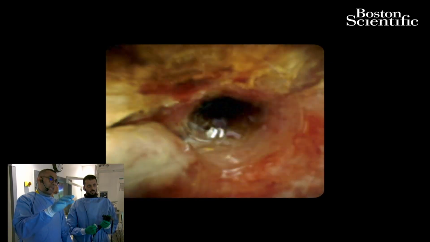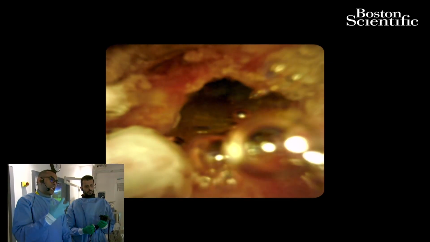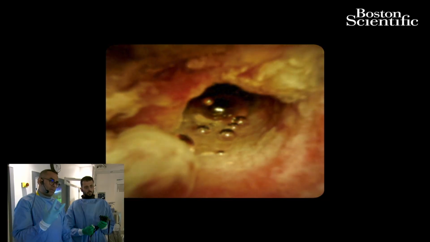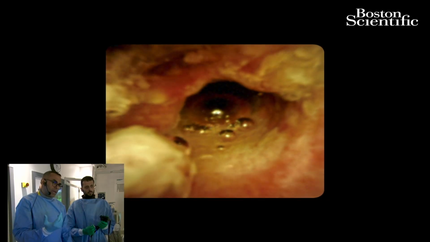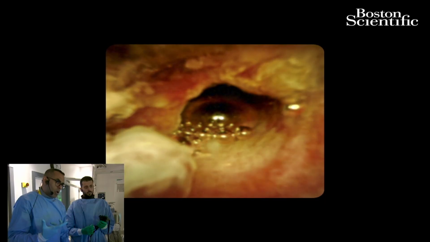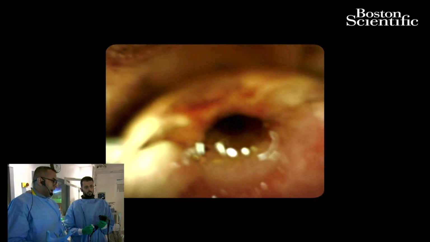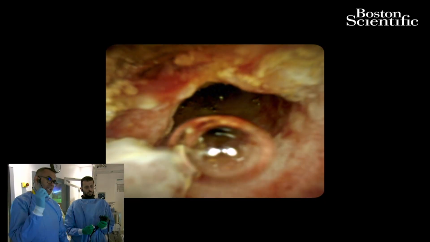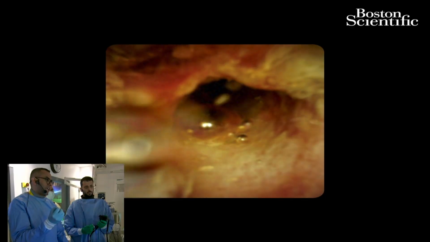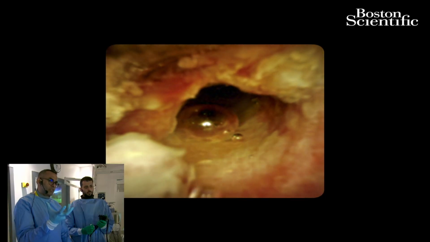Basically, this looks much more like a granular overgrowth, favoring reactive tissue rather than real neovascularization or papillary infiltration.